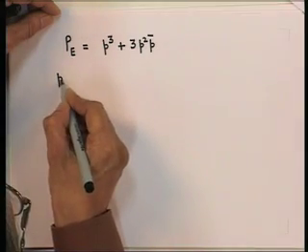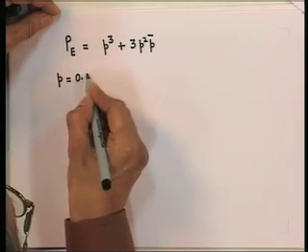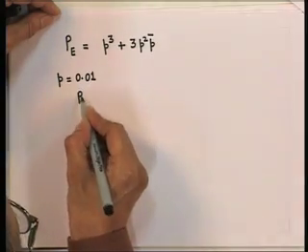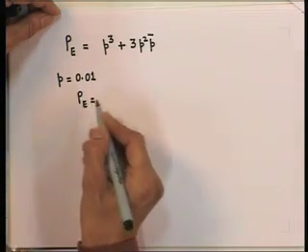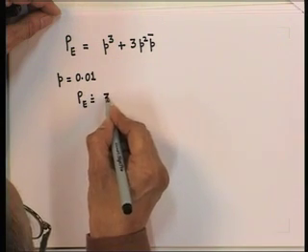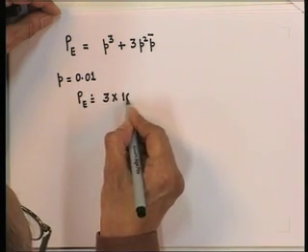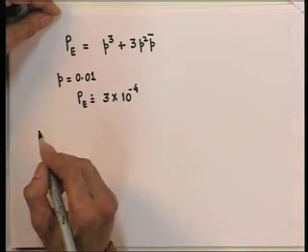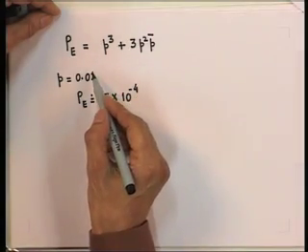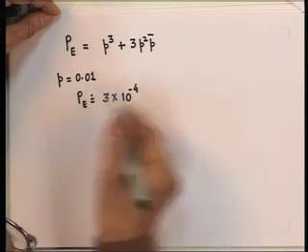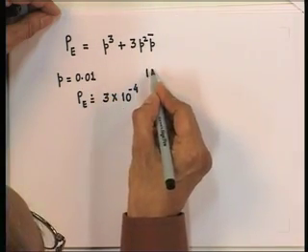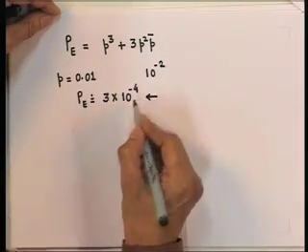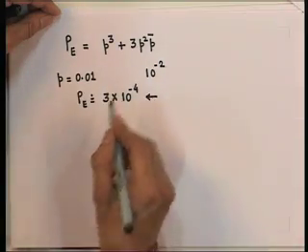Now, for p equal to 0.01, this yields Pe equal to approximately 3 multiplied by 10 raised to minus 4. Thus, we have been able to reduce the probability of error from the value of 10 raised to minus 2 to 10 raised to minus 4.